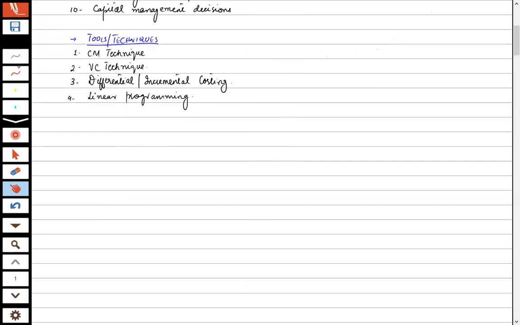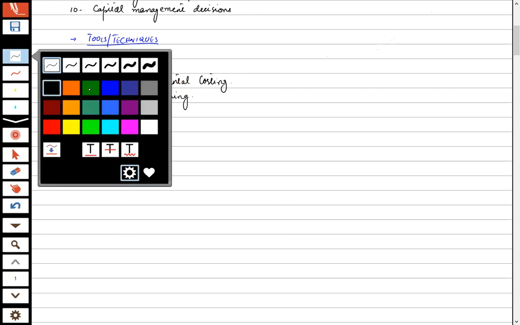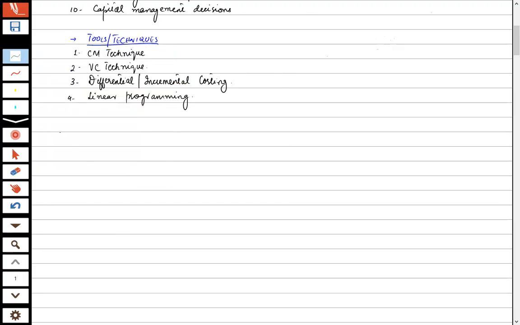Okay, these are the tools and techniques. Now there is something we need to remember in this decision making analysis: some costs become irrelevant in decision making. So we have to see that we do not consider them in our decision making process. That is irrelevant costs.